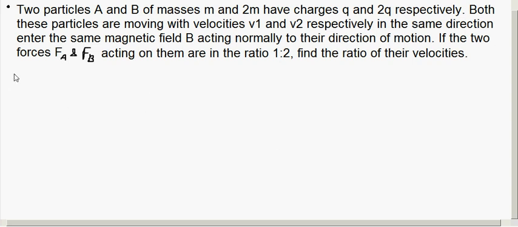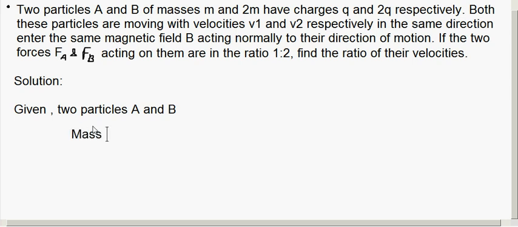Now first we will write what are the given quantities. Given two particles A and B. So mass of particle A is m, that is given. Mass of particle B is 2m.